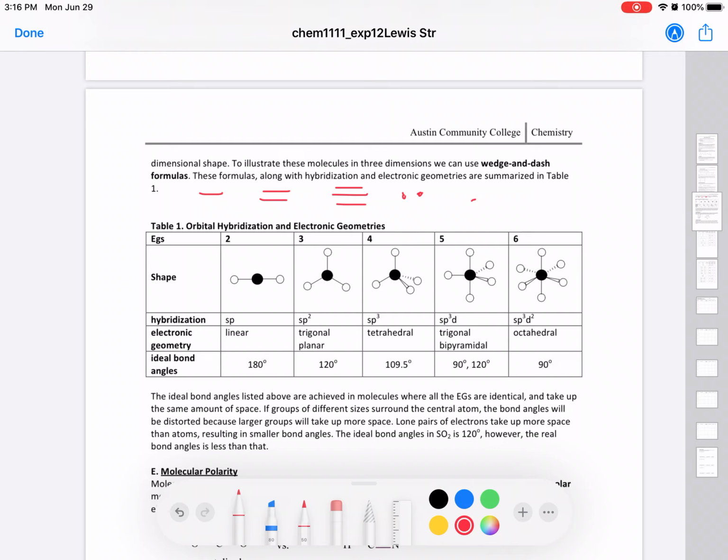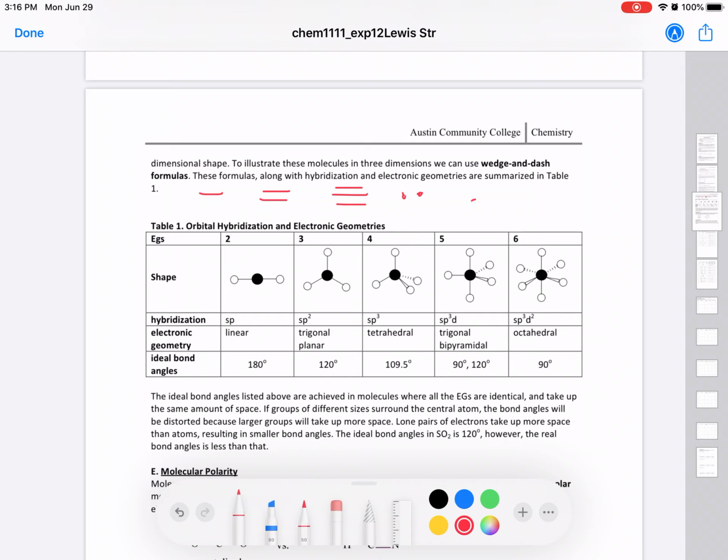When you have 2 electron groups, the best way that the 2 groups can be far apart from bumping into each other to minimize the repulsion is the linear electronic geometry. So if you have 2 electron groups, hybridization would be sp, the electronic geometry would be linear, and the ideal bond angle is 180.